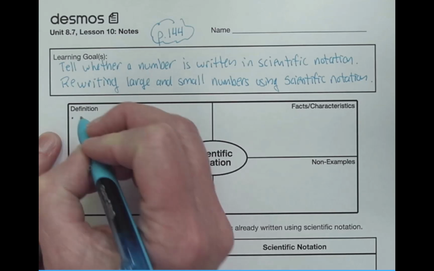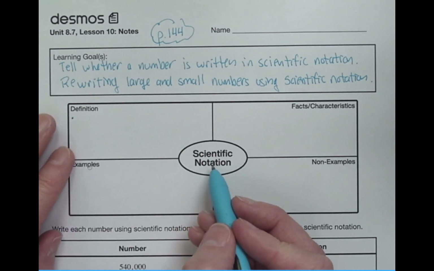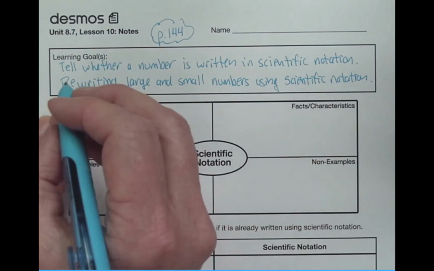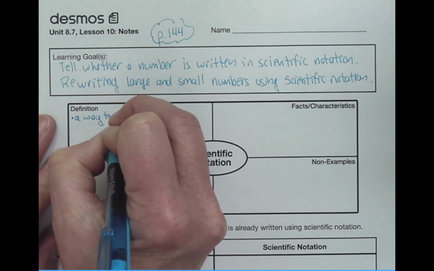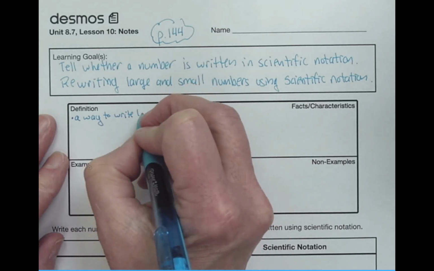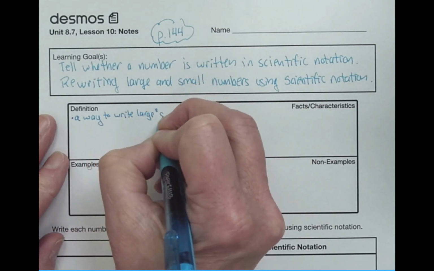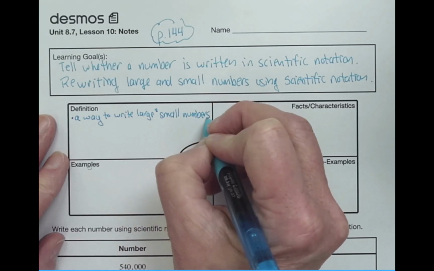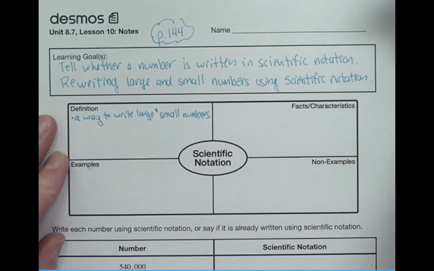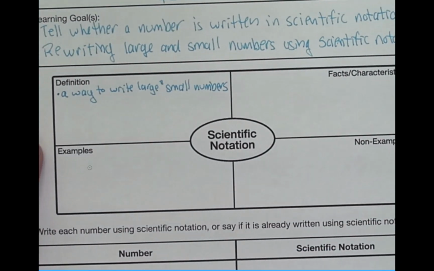So to define what scientific notation is, it's just a way to write large and small numbers. But it's pretty specific what the number has to look like.